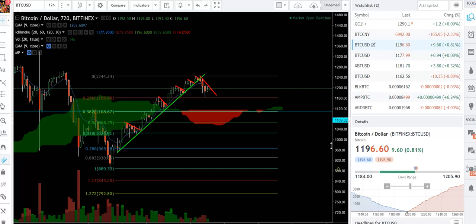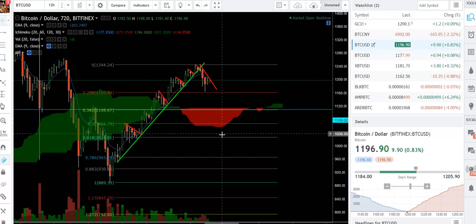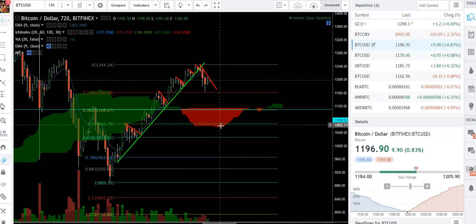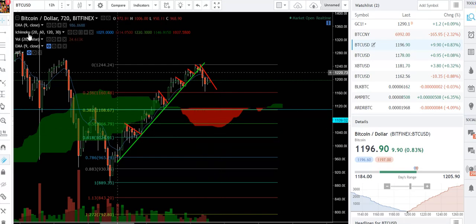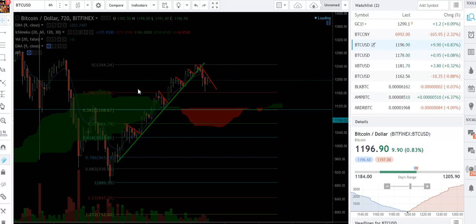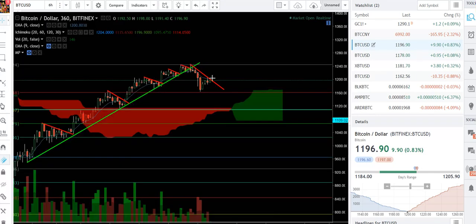So this is where we've got to really look at it and say, if this thing does not hold a 38% retracement and starts to go for the 50, go for the 61, then on some higher time frames, like 6 hours and 12 hours, we're going to be going through the cloud, which won't be a good sign. It won't be a good sign.